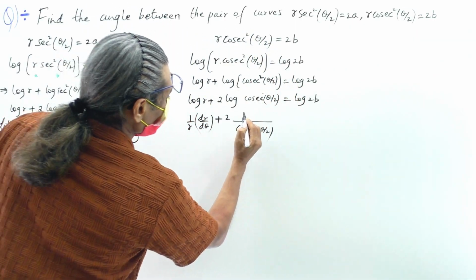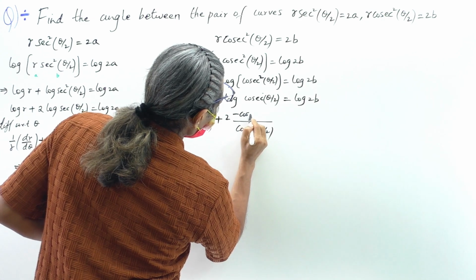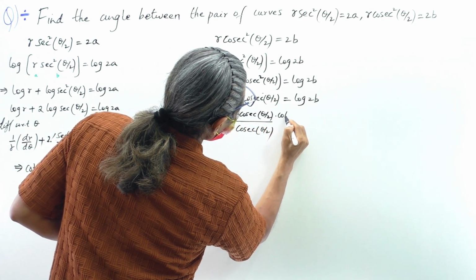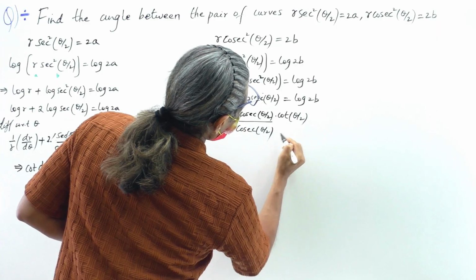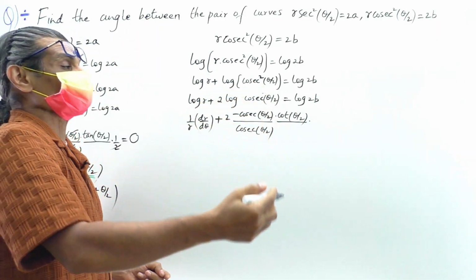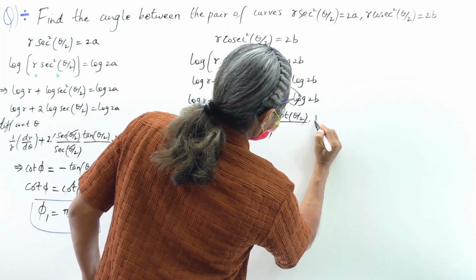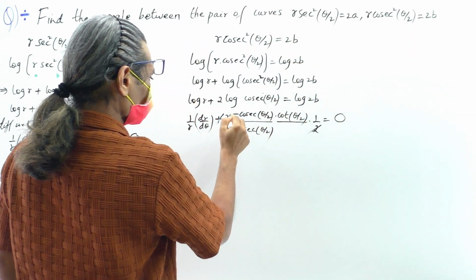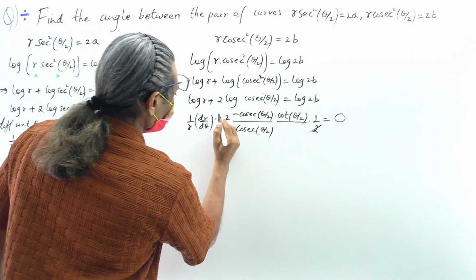So minus cosec theta by 2 into cot theta by 2, and the derivative of theta by 2 is 1 by 2, since it's not plain theta. The 2 and 2 cancel here.